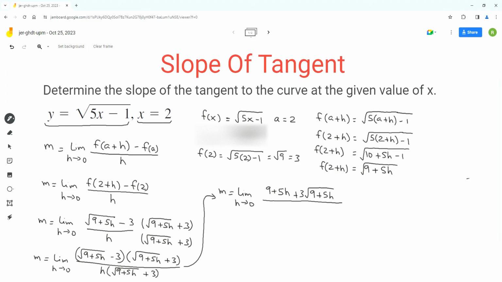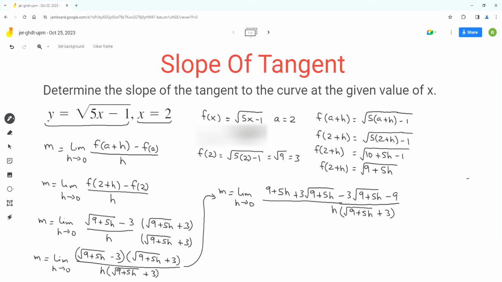And now we do negative 3 times square root of 9 plus 5h, which is equal to negative 3 square root of 9 plus 5h. And lastly, we do negative 3 times positive 3, which is equal to negative 9, over h times square root of 9 plus 5h plus 3.